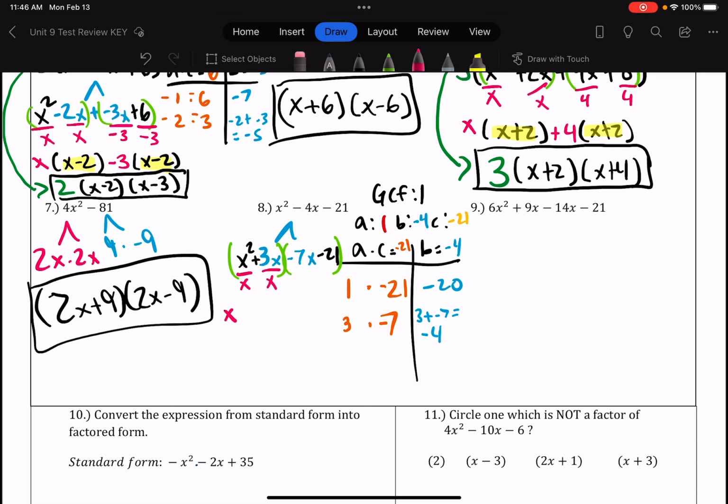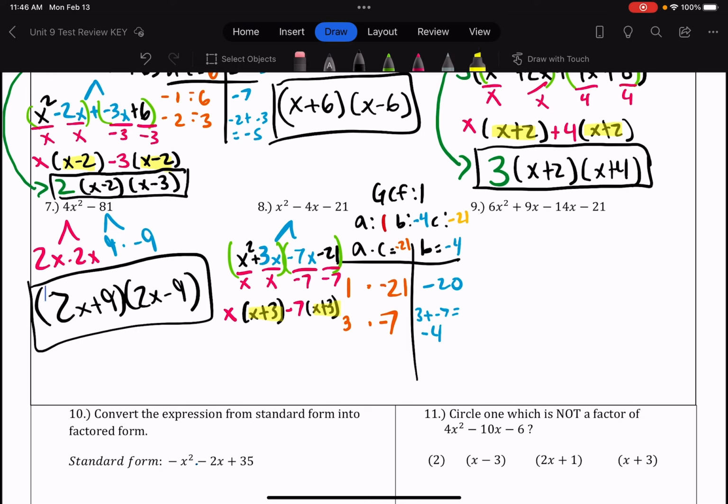So if I factor out x, I've got x plus 3. In the second grouping, they both are negative, so let's go ahead and factor out a negative 7. And I'm also left with x plus 3. Those are the same thing, so my factored version is x plus 3 multiplied by x minus 7.